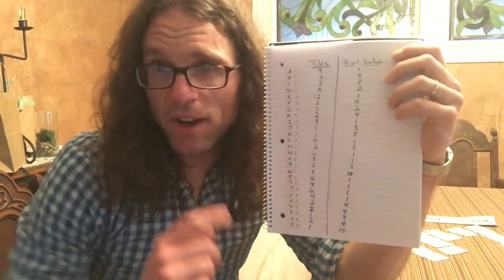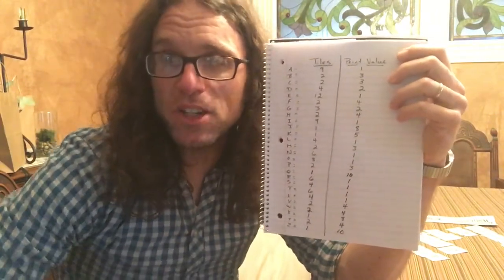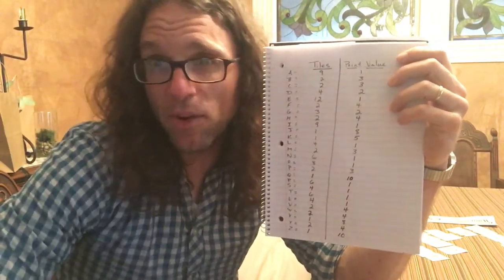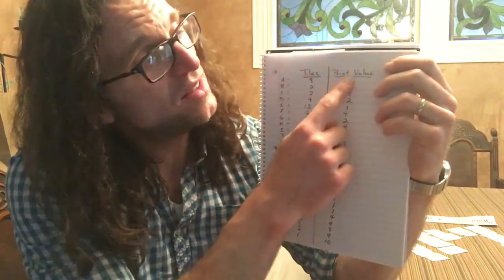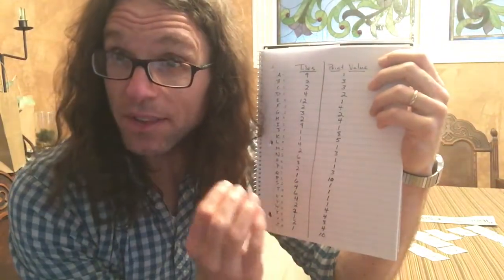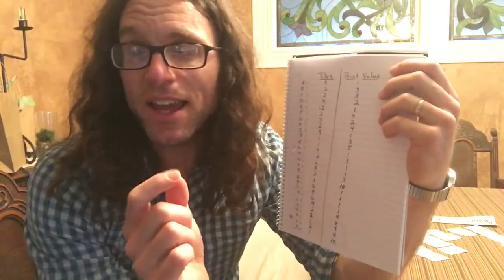Now, there's also a scoring element in Scrabble, like I mentioned before. Each word that you spell gets a point value based on what each letter is worth. So in this column here, we have the point values for all the letters. For example, there are 9 letter A's, but each letter A is worth 1 point. Let's take the letter H, for example.